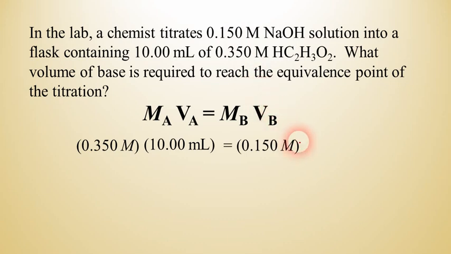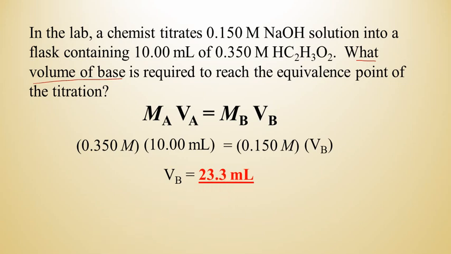And we're trying to solve for V sub B, because the question says, what volume of base? And so this is just a simple algebra problem. You just take 0.350 times 10 divided by 0.150, and we find that the volume of the base is going to be 23.3 milliliters. So that's a very simple problem there using the titration equation.